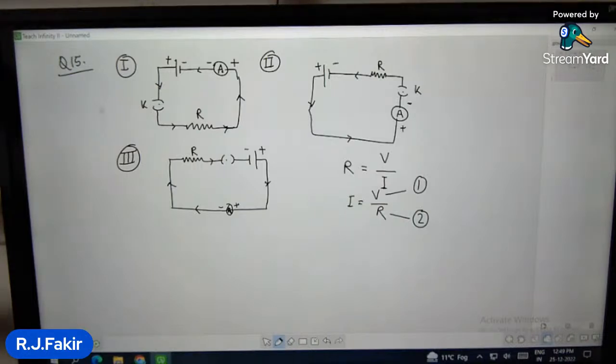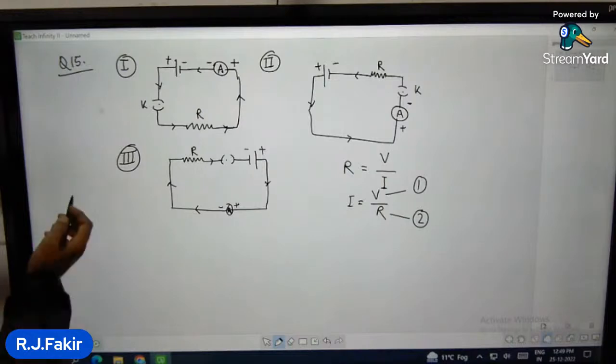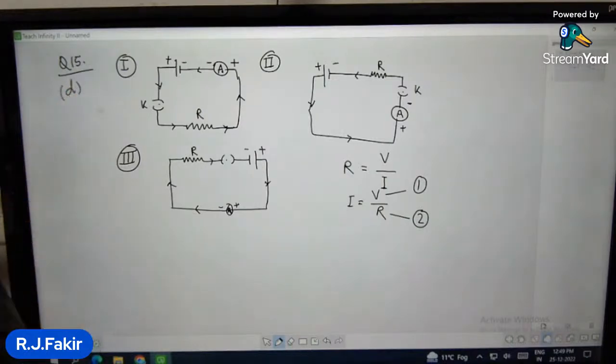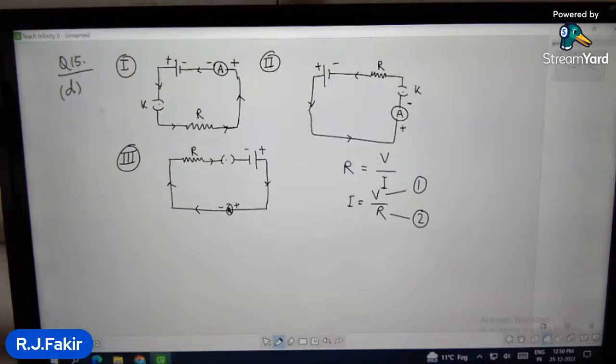Ohm's law also says that the other physical conditions remain constant, then only that law holds good. So in this case, option D will be correct, and the ammeter will have the same reading in all of these three circuits.